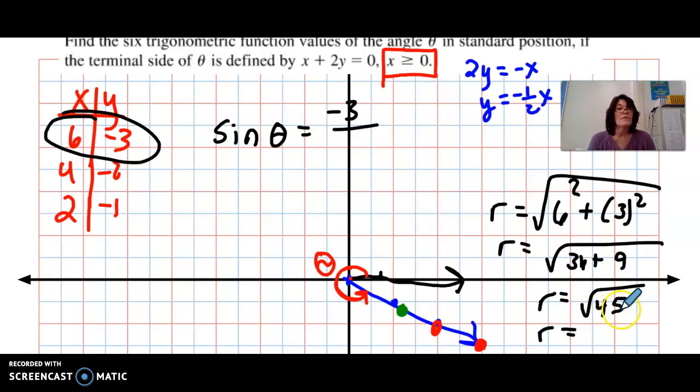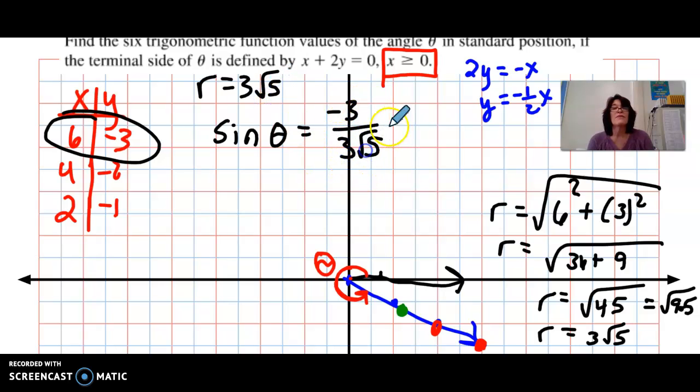Ugh, I do have to reduce that, right? 45 is what, 9 times 5? I'm trying to find a perfect square hidden in there. Since the square root of 45 is 9 times 5, I can take the square root of 9, it's 3, so I'll pull that out. So my r is 3 square roots of 5. So I'm going to take negative 3 over 3 square roots of 5. That reduces, the 3's cancel, I have negative 1 over the square root of 5.